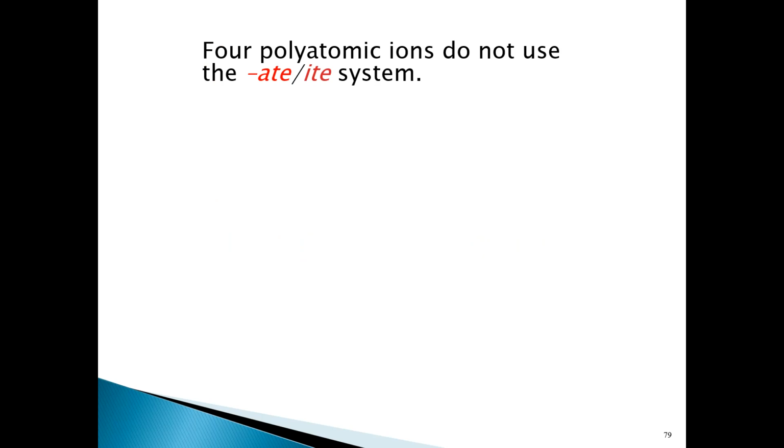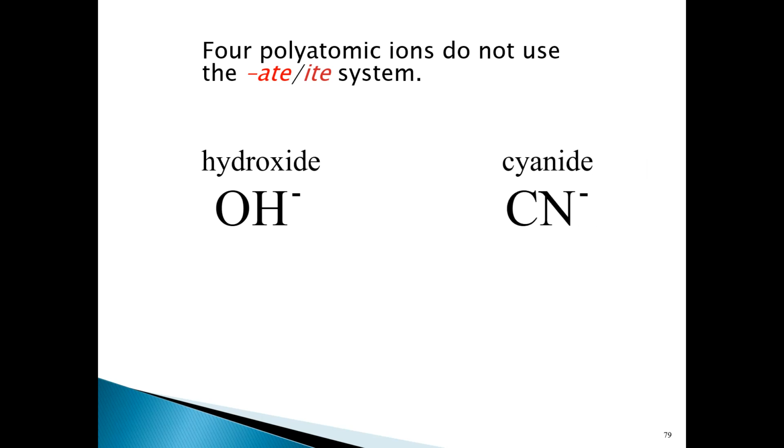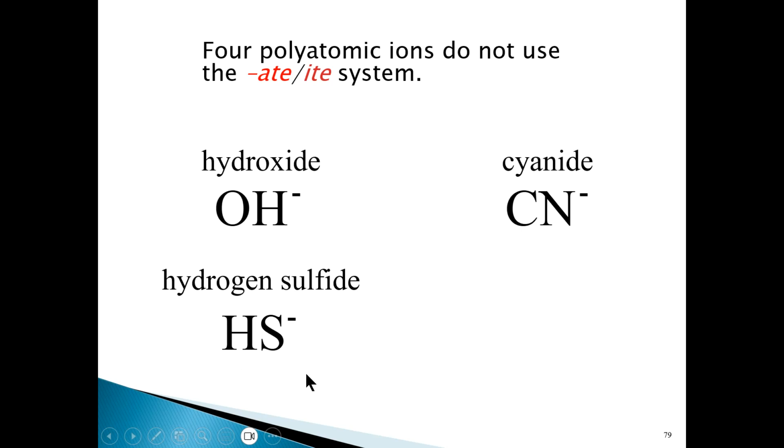All right. Now, there are certain polyatomic ions that do not use the ATE-ITE system, such as the hydroxide ion and the cyanide ion, right. These two are polyatomic ions, but they do not use the ATE-ITE system. And the same is true, by the way, for the hydrogen sulfide ion and also the peroxide ion. So these are all polyatomic ions, but they do not conform to the ATE-ITE system.